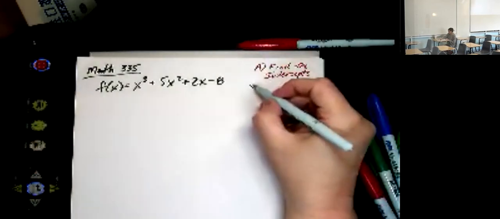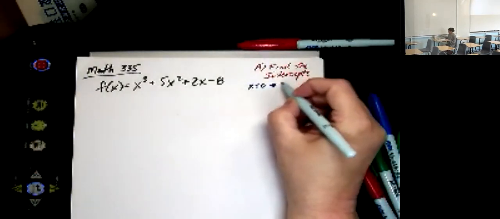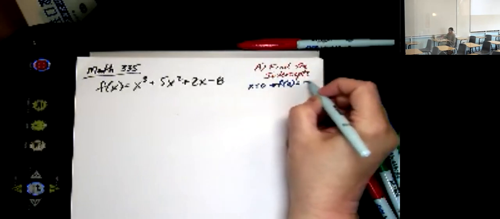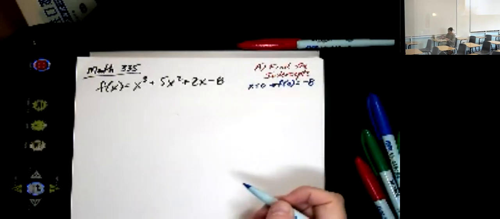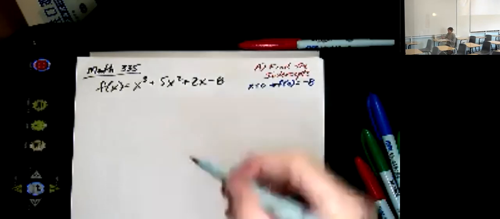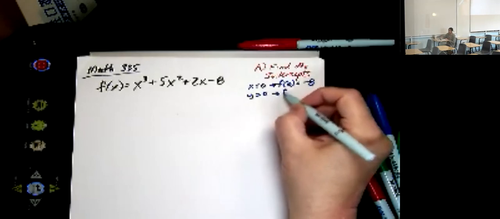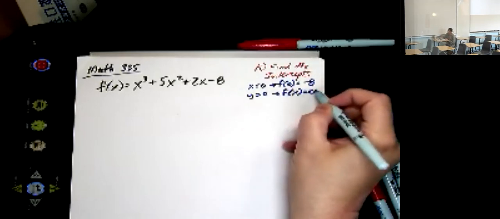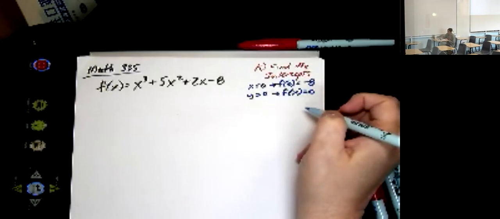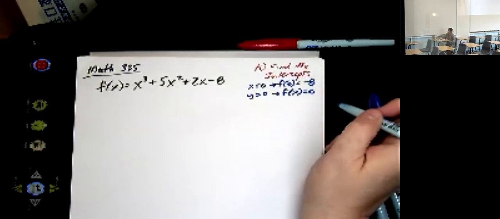Y-intercept is when x equals 0. So f of 0 is going to be negative 8. When y equals 0, then f of x has to equal 0. And so this is where we want the factored form. So we need to factor this bad boy.